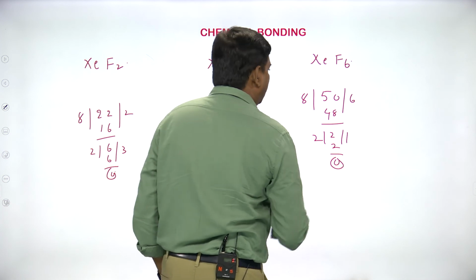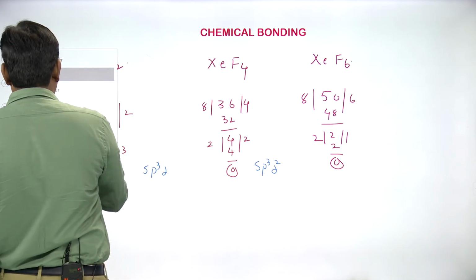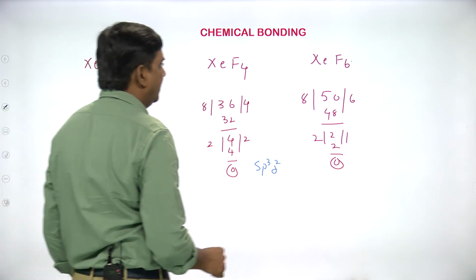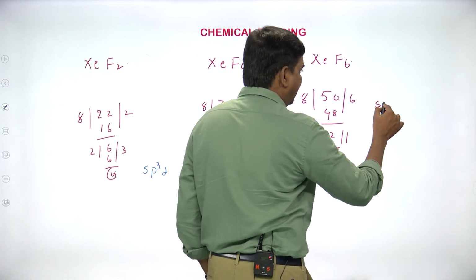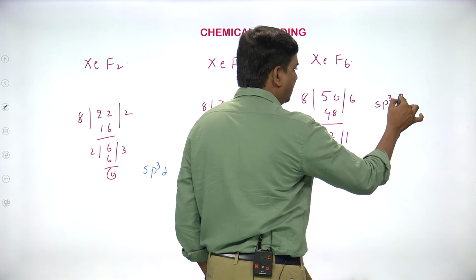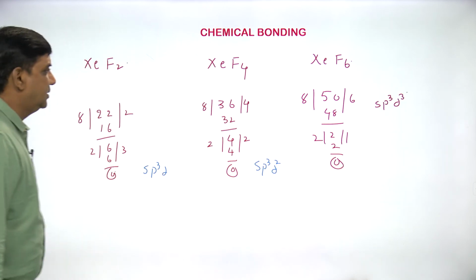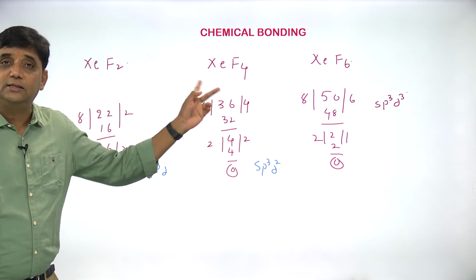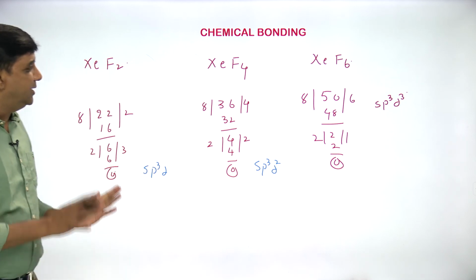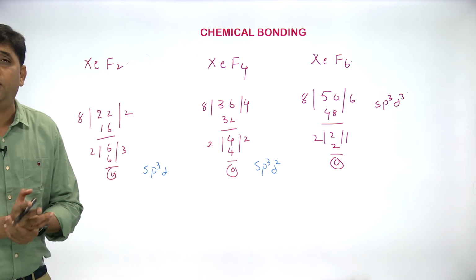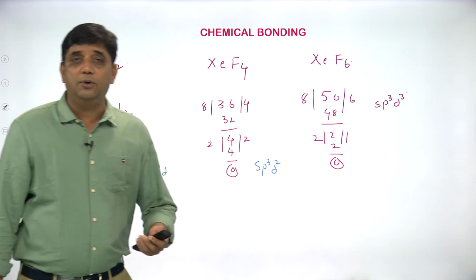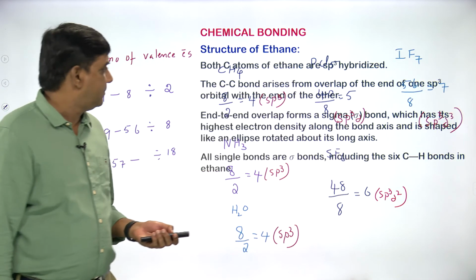And 6 plus 1, 7 means sp3d3 hybridization. Right. So, this is how we can find out the hybridizations for the xenon compounds also, students. It is a wonderful technique which will work for almost all the compounds. So, this is all about the hybridization, students.